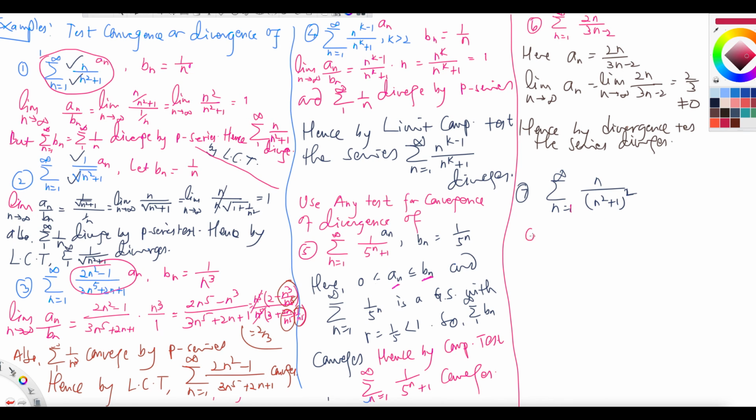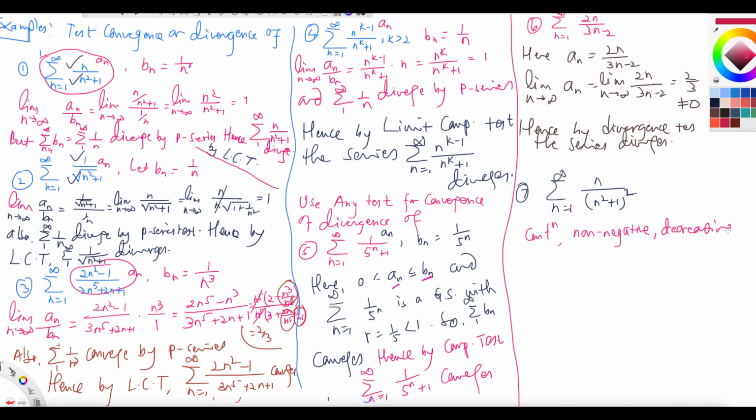So you can say continuous, non-negative, and if you find the derivative, the derivative will be negative if you try to find the derivative of x over x squared plus 1 whole square. And then decreasing.